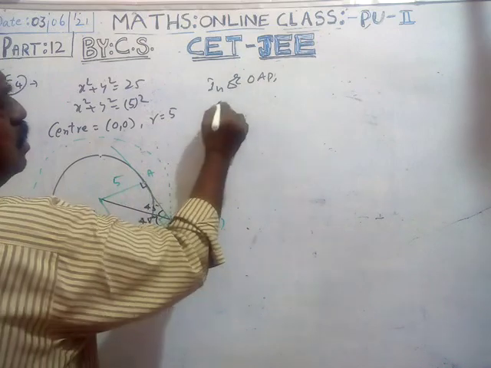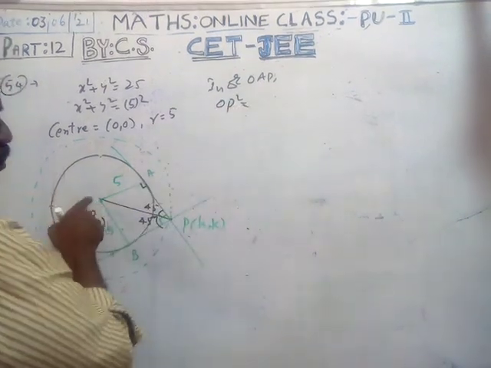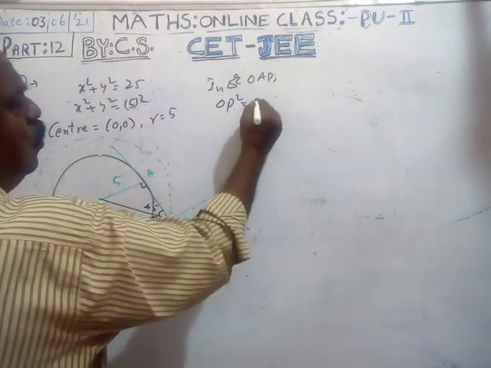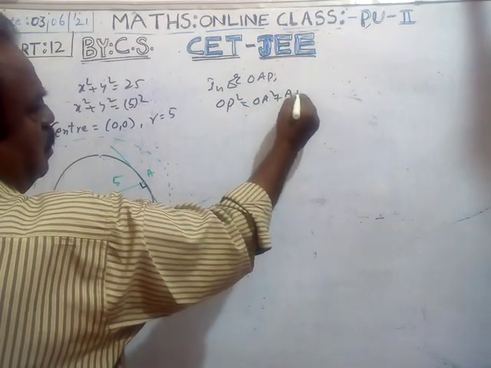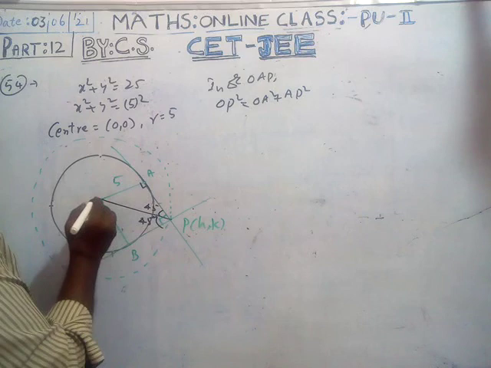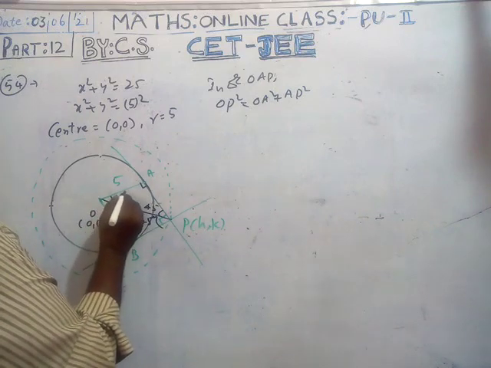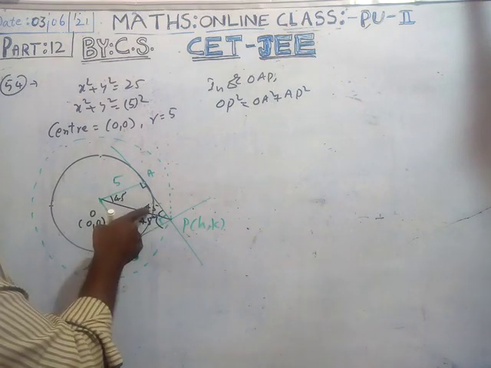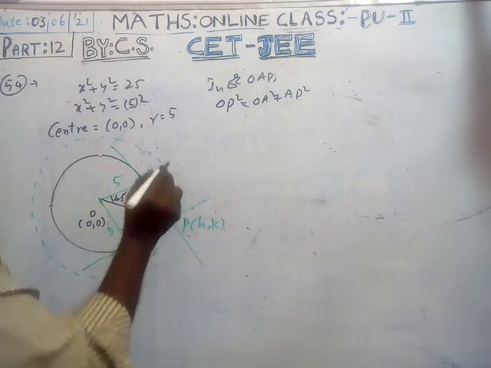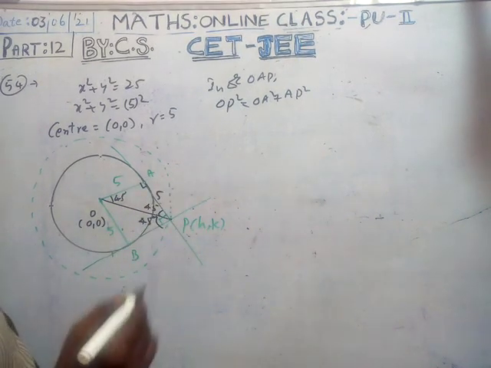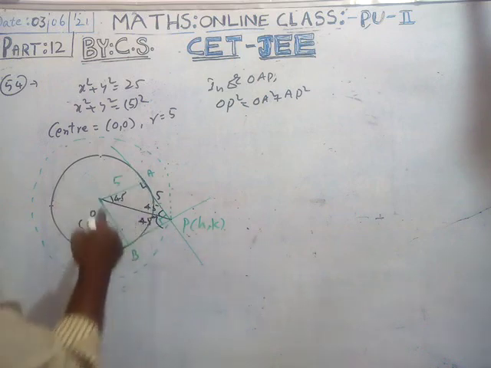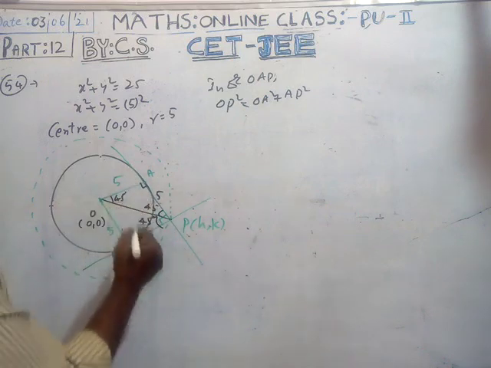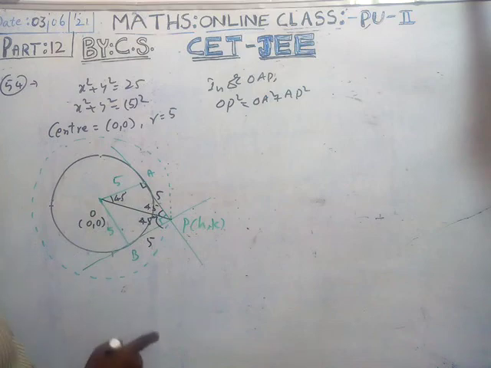Now, what is OP square? Pythagoras theorem: OP square is equal to OA square plus AP square. You agree now? Two angles are equal, so it is also isosceles. Or it is a square: here 5, here 5, here 5, here 5 also.